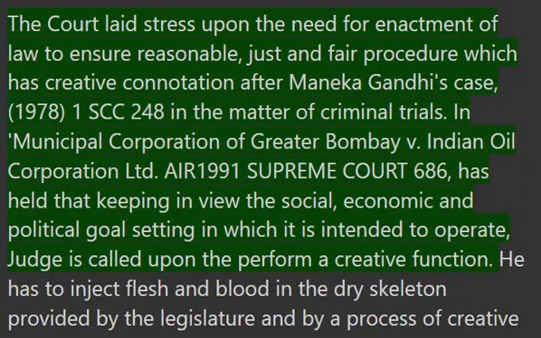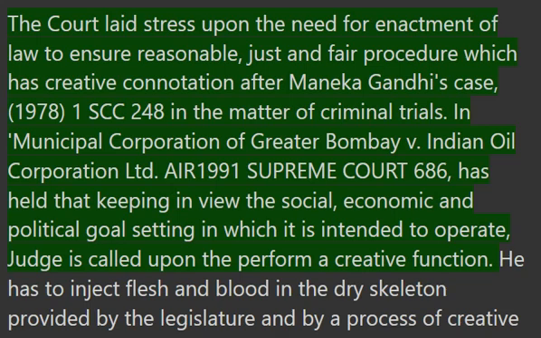The court laid stress upon the need for enactment of law to ensure reasonable, just and fair procedure, which has creative connotation after Maneka Gandhi's case, 1978, 1 SCC 248 in the matter of criminal trials.